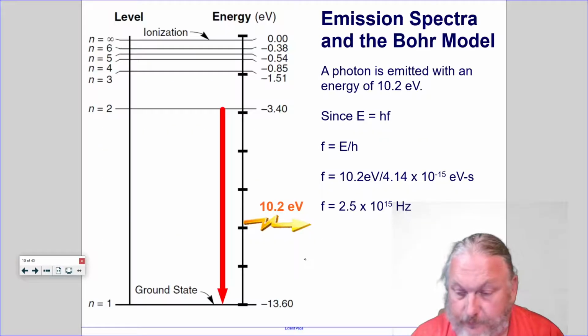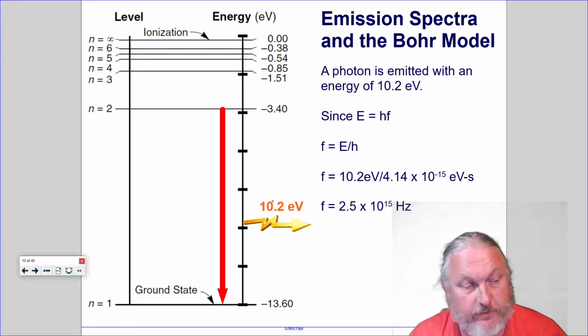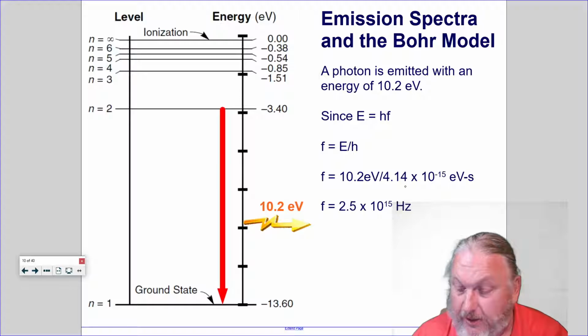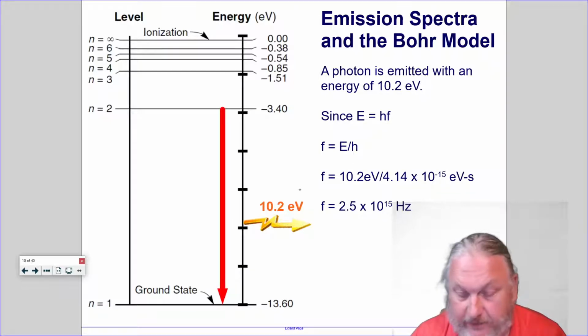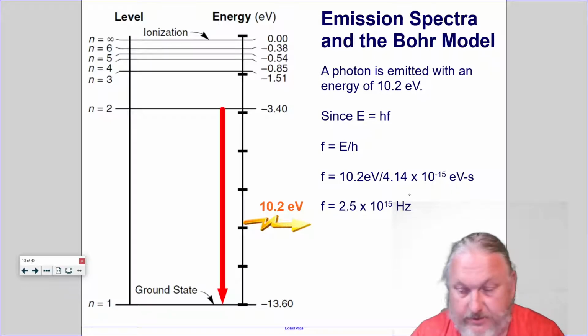Remember from our last video, the photon from the second energy orbit to the ground state emitted 10.2 electron volts. If we put this into our formula to find the frequency, E equals hf, we're looking for f. We take that energy from the photon, 10.2 electron volts, and divide it by Planck's constant, and we get 2.5 times 10 to the 15th hertz.